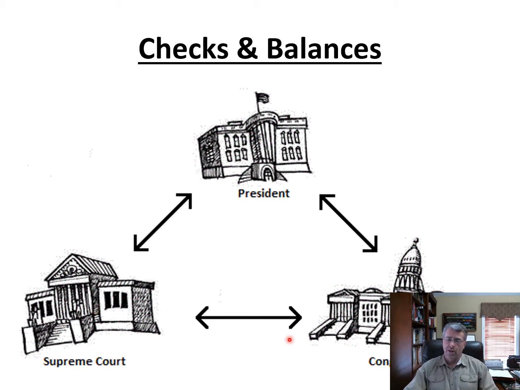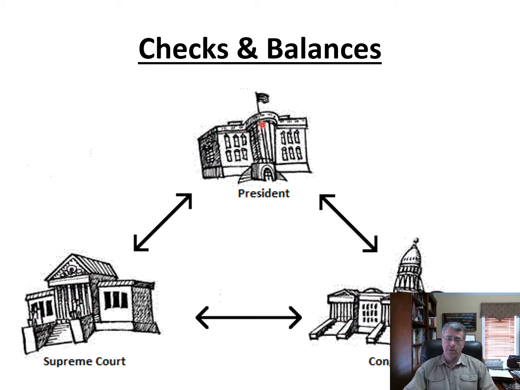If Congress passes a law, the president signs off on it, later on it becomes an issue of controversy. It ends up in the court system. The Supreme Court can then rule that that law is unconstitutional, which basically strikes the law down, checking the power of the president and Congress.